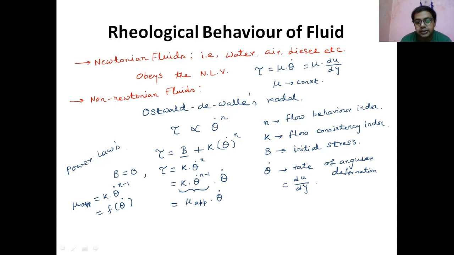What kind of classification? If the n value is greater than 1, we get some kind of fluid. If the n value is equal to 1, and if the n value is less than 1. We'll see these three cases now.